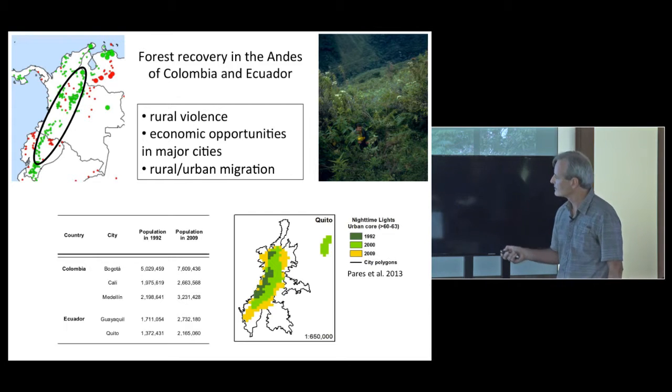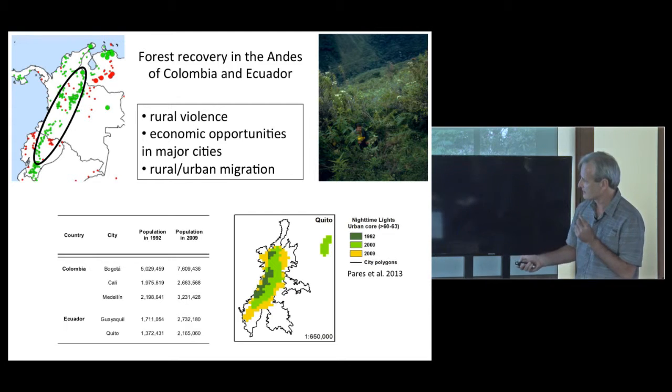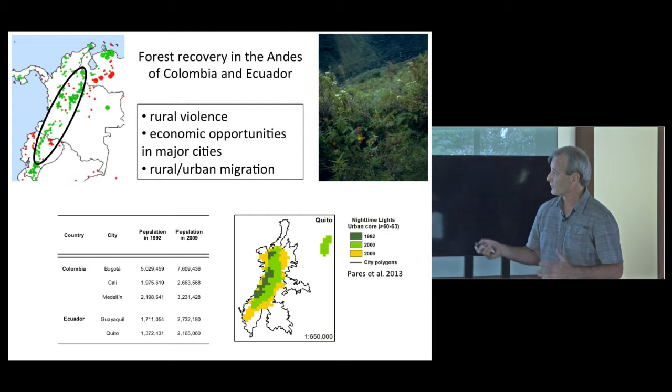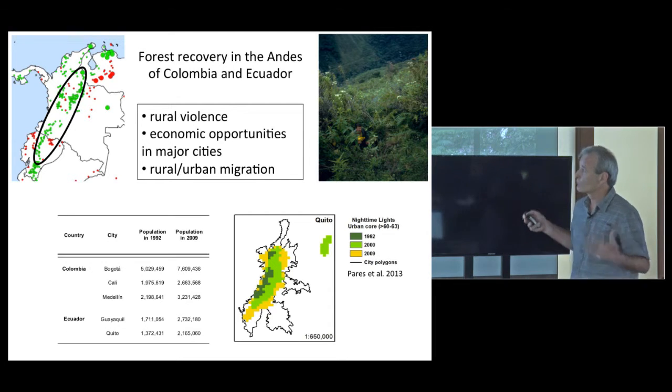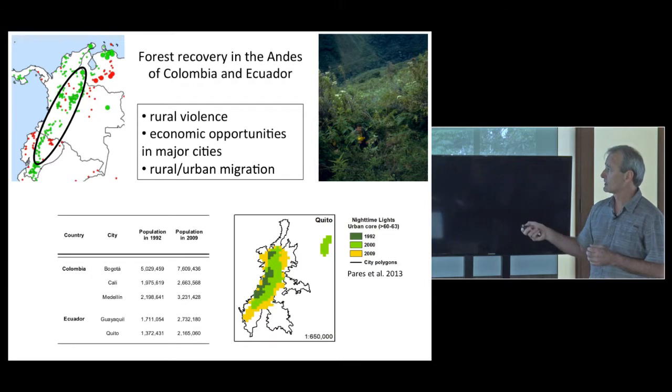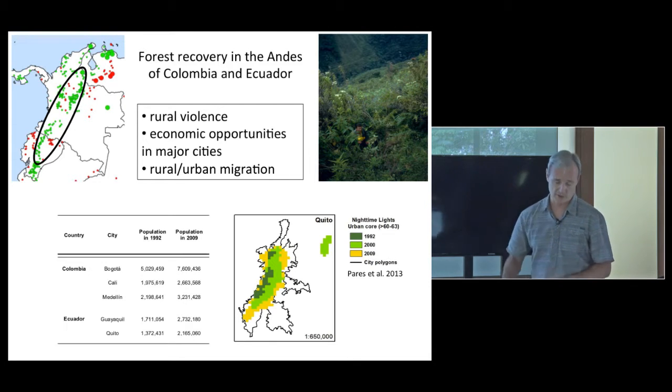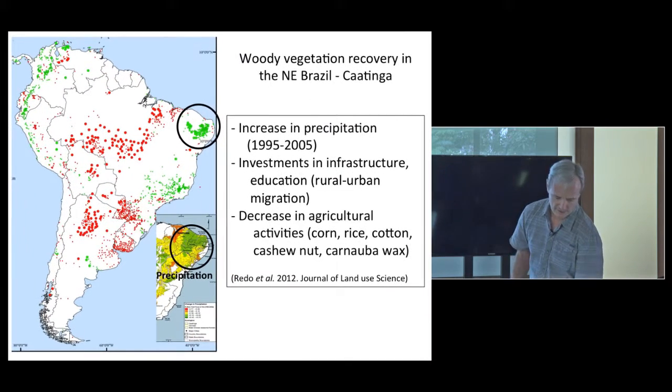If we go back to 1992, the highest intensity of light was restricted to this area here in darker green. And you can see how it has expanded out in 2000 and 2009. So we're assuming that this movement of people out of these areas into the major cities could be contributing to the reforestation in these areas.